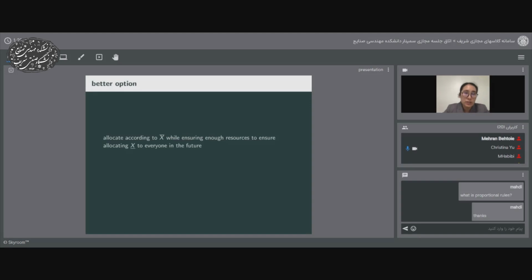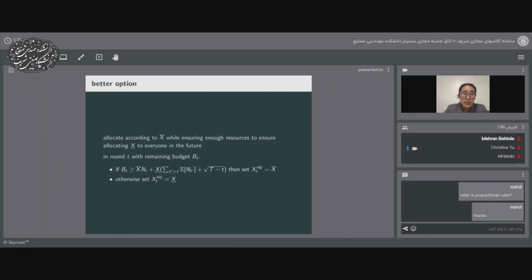However, if it turns out that the number of people that have arrived so far is somehow less than what you expected, you might end up with a budget that's higher than what you need to allocate x lower bar to everyone in the future. And in this case, when you have extra budget, you allow yourself to allocate more aggressively according to this upper threshold.